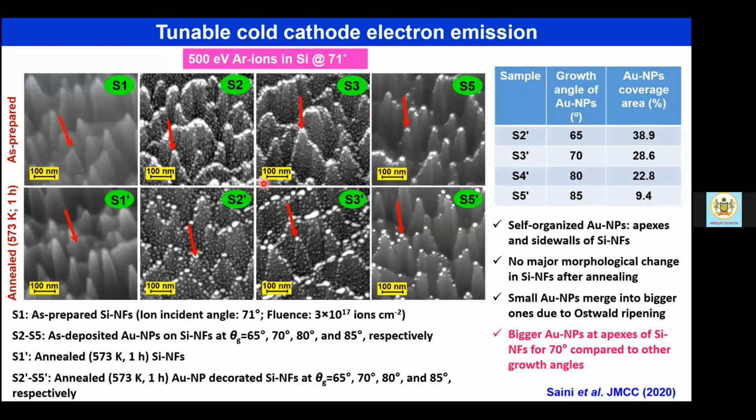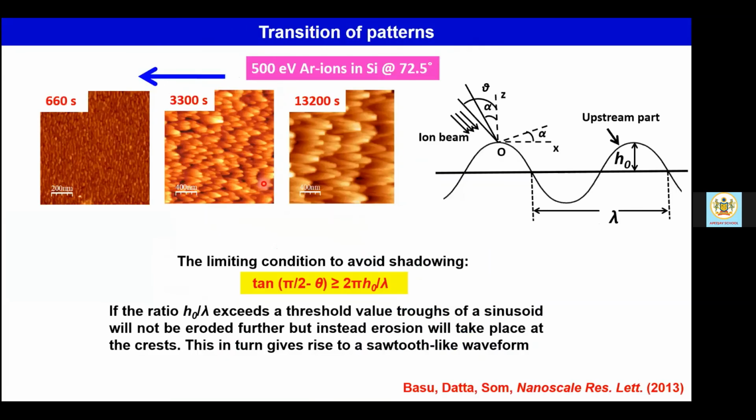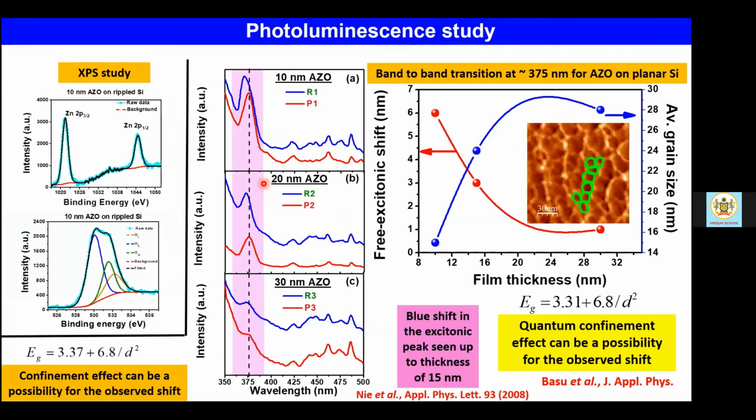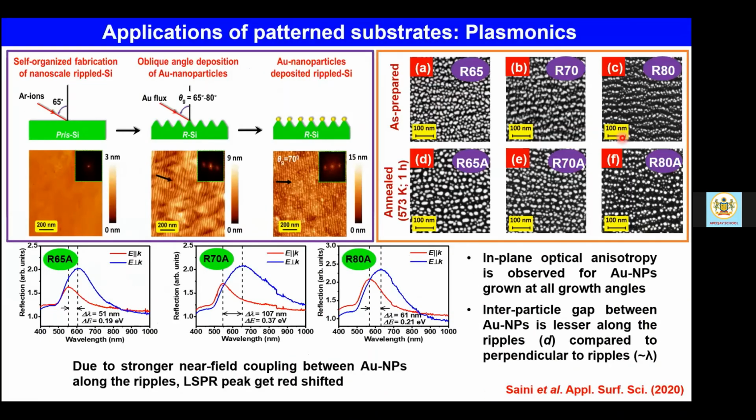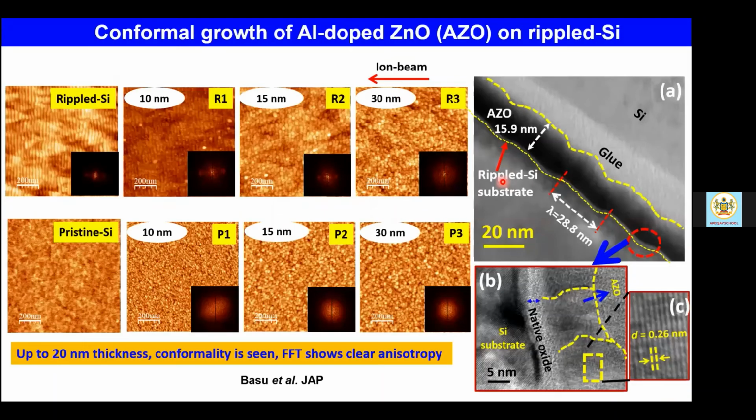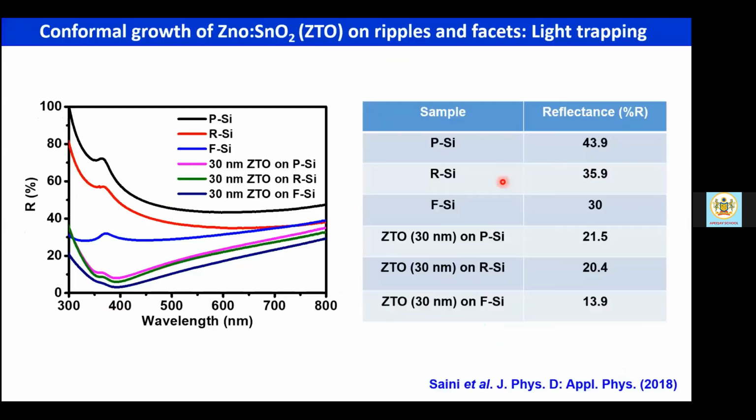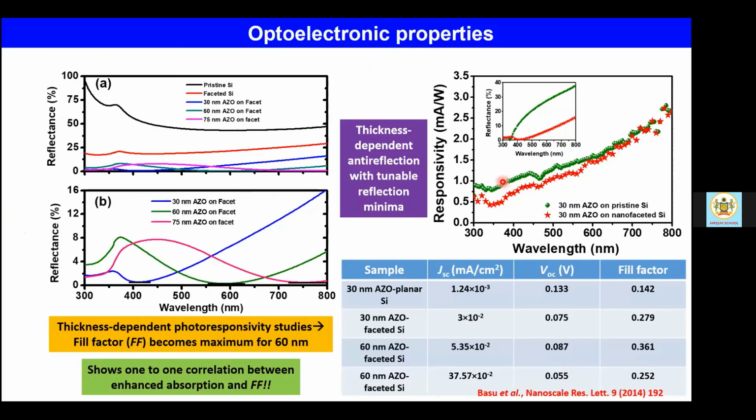Once again, these facets, along with those ripples, were covered with gold nanoparticles grown at different growth angles. Exactly at the same time, that means simultaneously, we had loaded these faceted samples as well.